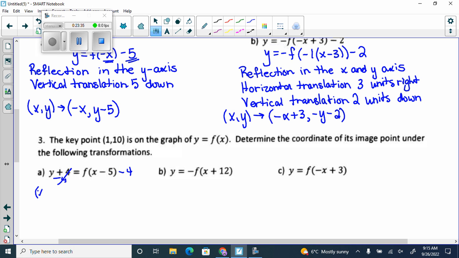So we get x, y becomes x plus 5, y minus 4. 1,10 becomes 1 plus 5 and 10 minus 4, so 6 and 6.